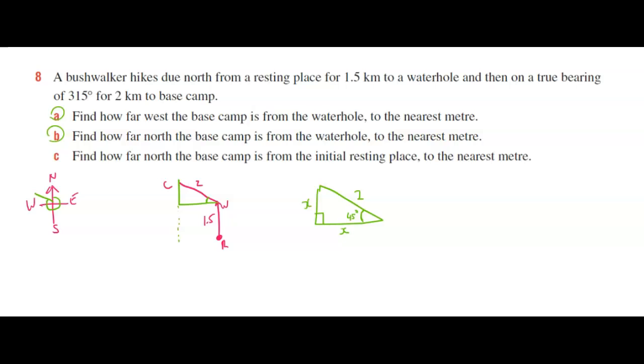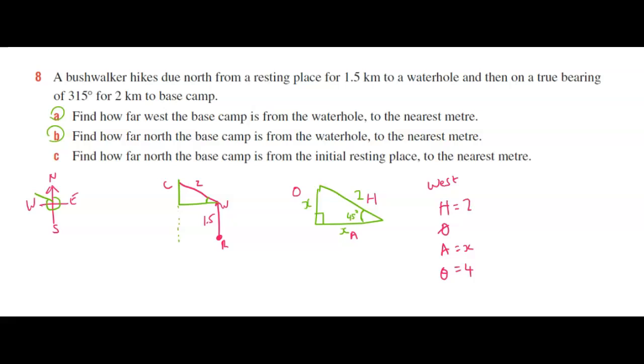So just like I did before, let's just do west. Label your triangle. So I'm going to call this my hypotenuse, my adjacent, my opposite. So HOA, theta, hypotenuse is 2, opposite. Now, I've got 2 x's, but because I'm doing west, I need to use adjacent, but you get the same answer.